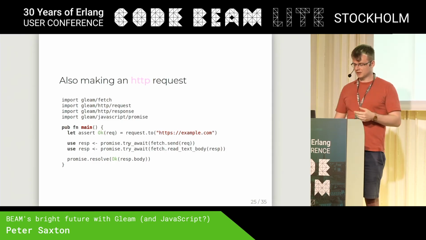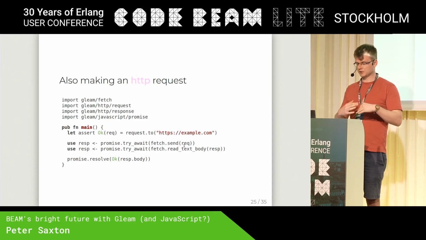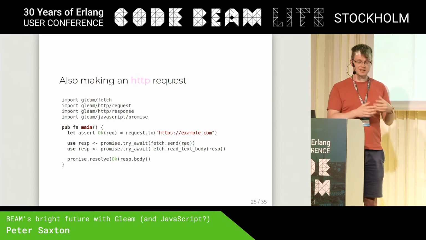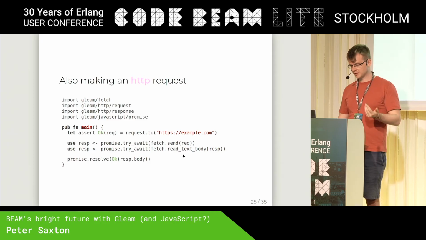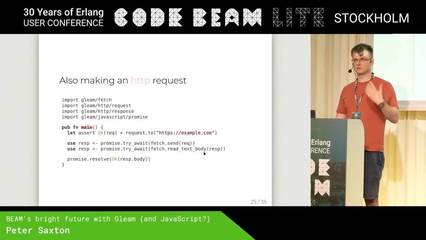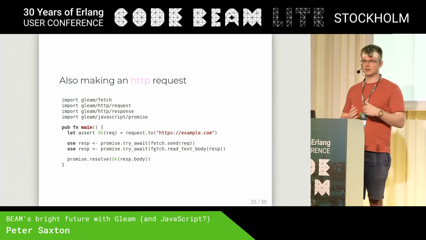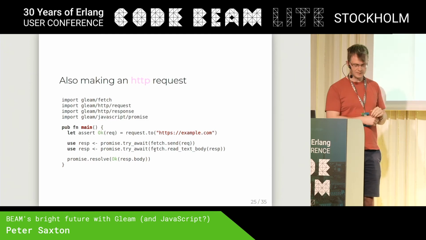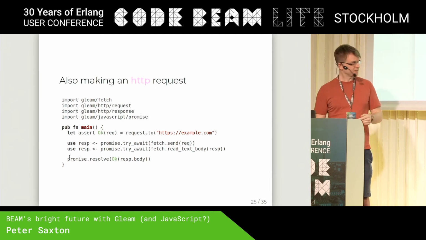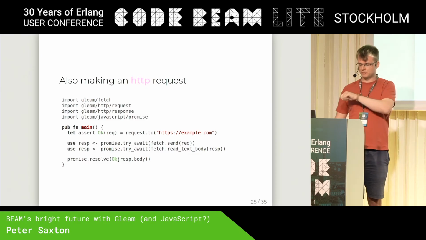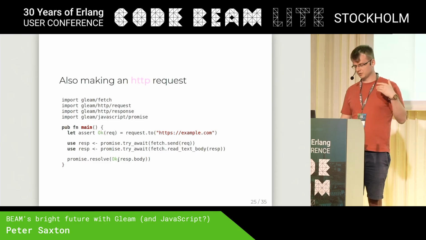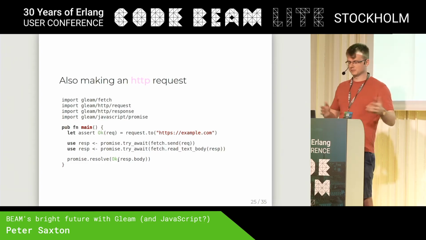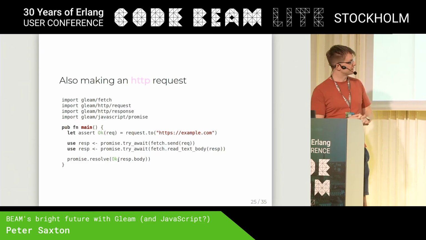This composes, so the fetch API returns a response with essentially another promise to the body. So you have to explicitly read the text body, which is asynchronous again, so you end up with another promise. These compose nicely, but it does mean that at the end of your function, you have to return something that matches the type. You need to return a promise which has an OK value in it, because otherwise your whole function wouldn't be returning the same thing.